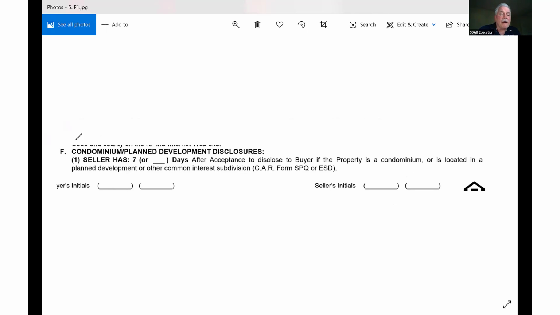So here's F. This is my condominium planned development disclosures. Now I want you to remember planned development, you know them as PUDs, planned unit development, things like that. Remember anything that's going to have a CC&R on it and have a homeowners association. It doesn't have to be just a condo, but anything with features in common with others.